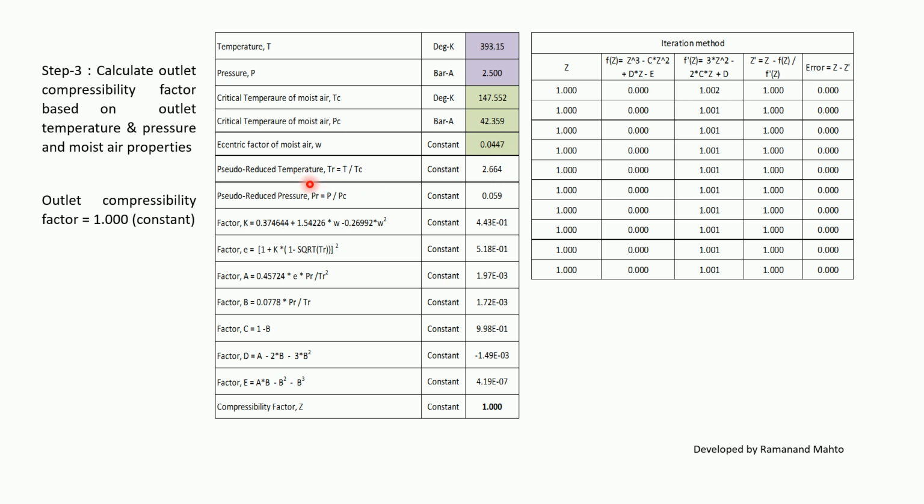Then we have to calculate pseudo reduced temperature Tr, pseudo reduced pressure Pr, factor K, factor E, factor A, factor B, factor C, factor D, factor E. Once factors C and D are known, put Z as 1, then calculate Fz, F dash Z, then Z dash, then error. Since error is 0, this is the answer. More calculations would give the same result. So the outlet compressibility factor is 1.